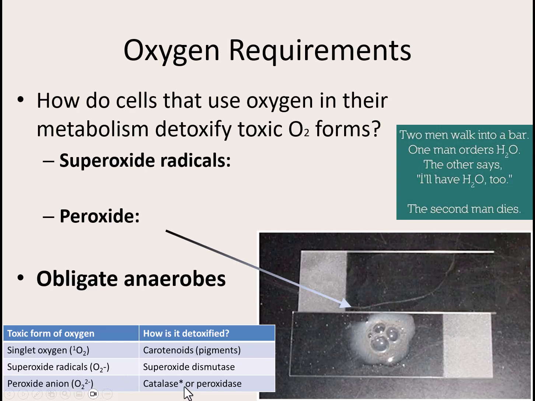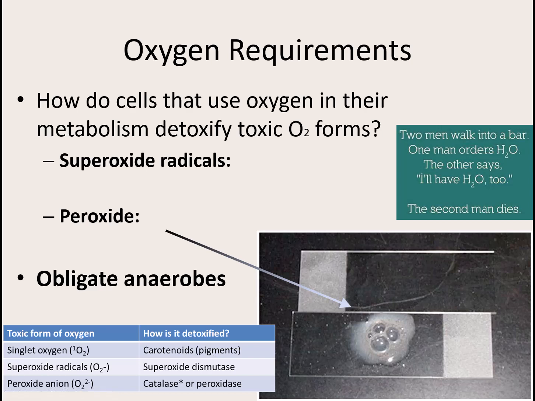Organisms can make enzymes, catalase and peroxidase. We're going to work with catalase in the lab, testing if organisms make it. These enzymes can neutralize that peroxide and make it non-toxic, non-reactive. For that single oxygen, different organisms have pigments called carotenoids that can neutralize it.